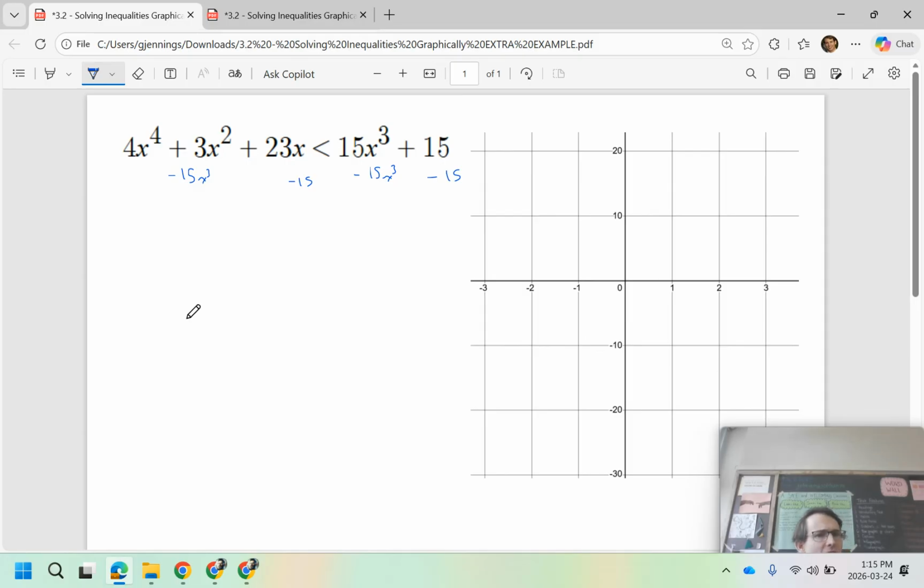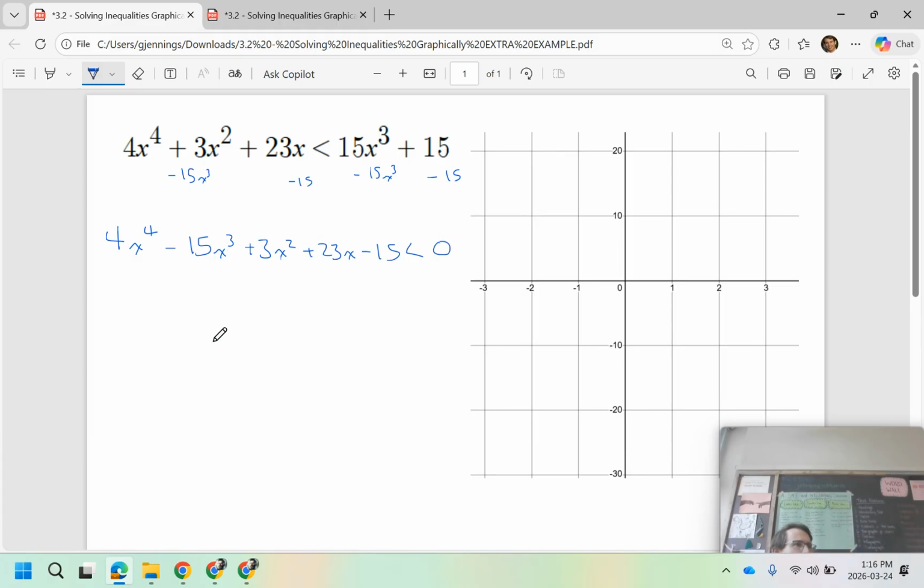When we subtract things from both sides of an inequality, do we need to flip our inequality signs? No, only when we multiply or divide by -1. So let's rewrite 4x to the 4 minus 15x to the 3 plus 3x squared plus 23x minus 15 is less than 0.